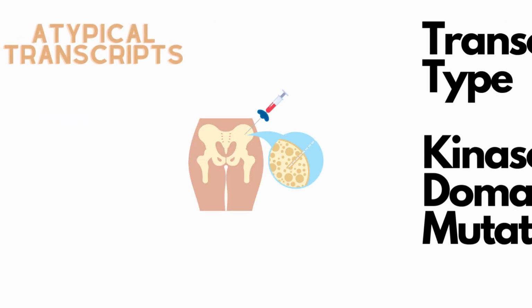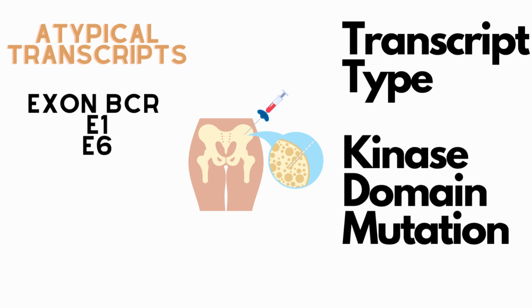98% of the cases of the Philadelphia chromosome express an mRNA in which the BCR comes from exon 13 or exon 14, and it joins the ABL on exon 2. The remaining 2 to 3% express atypical mRNA fusions involving exons broken at E1, E6, E8, or E19 of the BCR or ABL3.